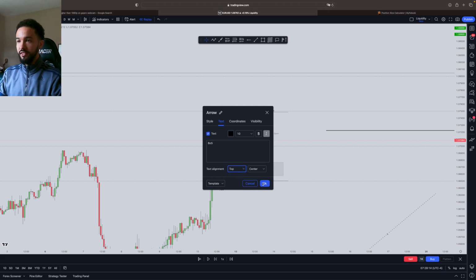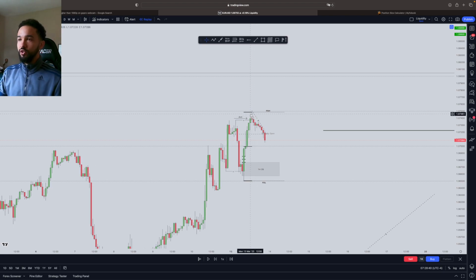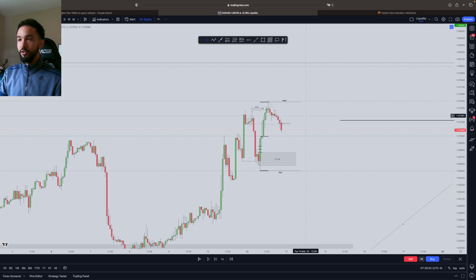We also have to keep in mind the reaction from there. Got this break of structure here where we closed above the previous highs, right? And because we didn't get any explosive fast pullback after this sweep, and it was creating buy side liquidity for another move up, you know, there's always going to be cons.